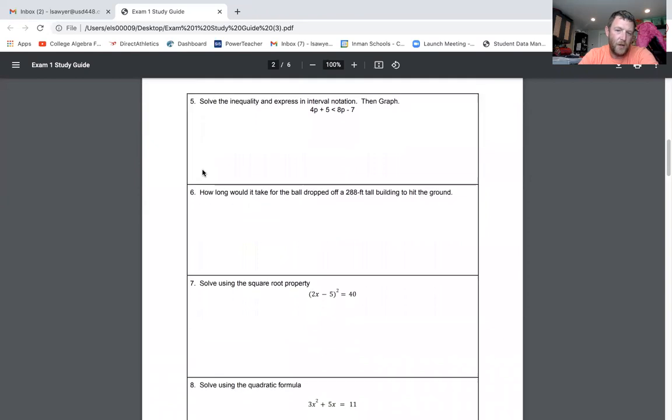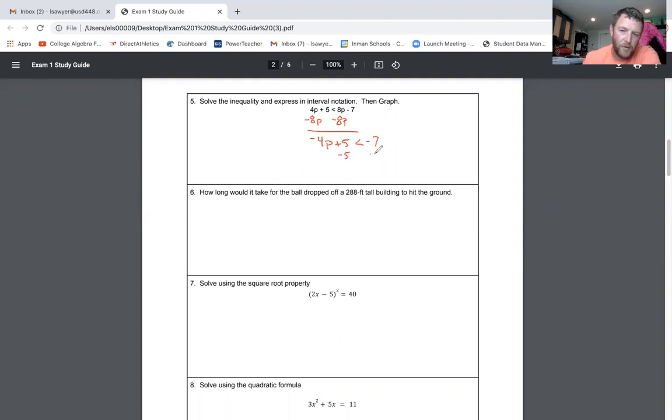Number 5, it says solve the inequality expressed in interval notation and graph. Okay, it's very similar to what you did with the absolute value, except we won't have two different solutions here. So what I would do first is minus 8p. So then I'd get negative 4p plus 5 is less than negative 7.